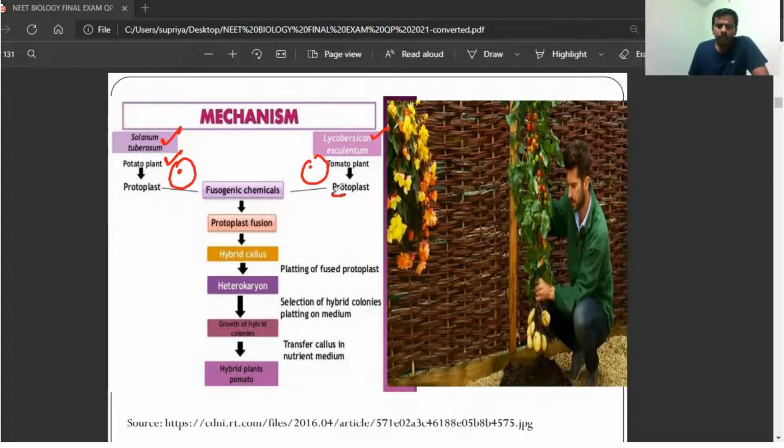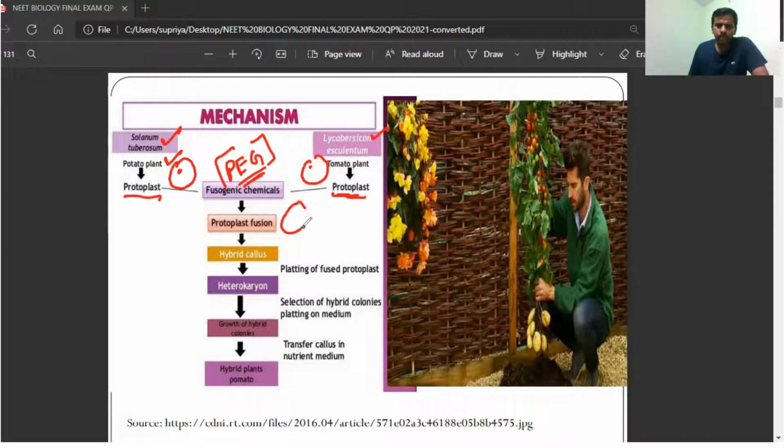That means protoplast. What is protoplast? The plant cell without the cell wall is called protoplast, right? After taking the two protoplasts, they added the chemical PEG, polyethylene glycol. Now this PEG can help to fuse these two protoplasts.